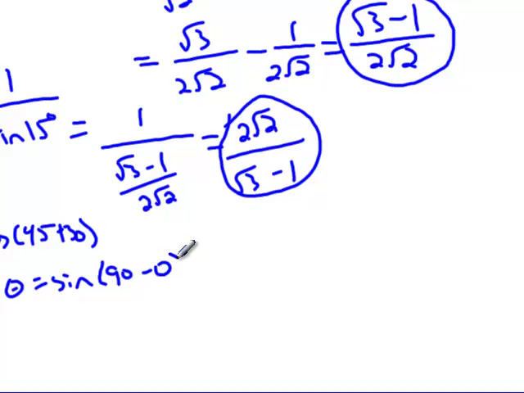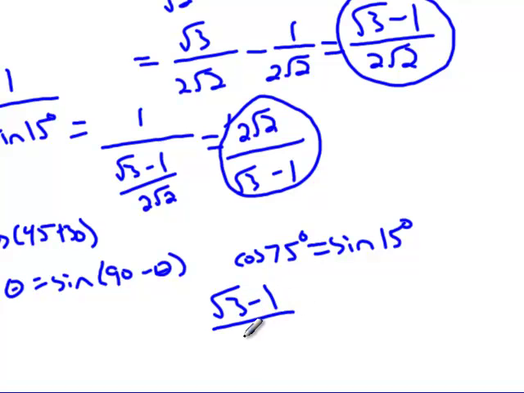Remember that from what we used yesterday? So this means that the cosine of 75 degrees as a cofunction is equal to the sine of what? It's equal to the sine of 15 degrees, and I've already done that. So that means cosine of 75 will have to be square root of 3 minus 1 over 2 radical 2.